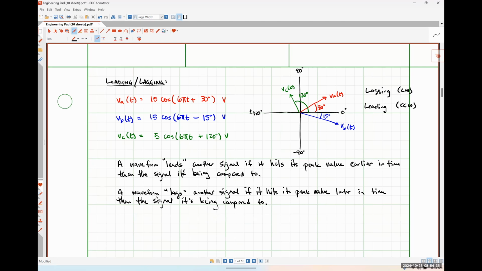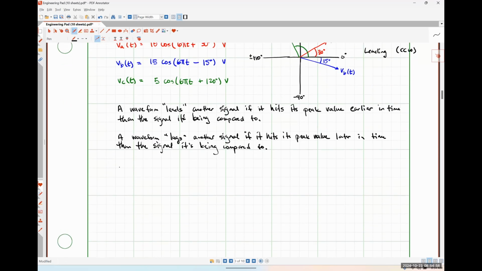When we're looking at lagging, we're looking for a more negative phase angle, meaning more of a delay than our reference. And when we're looking at leading, we're looking for a more positive phase angle, or advanced compared to our reference signal. So let's do a quick example here.